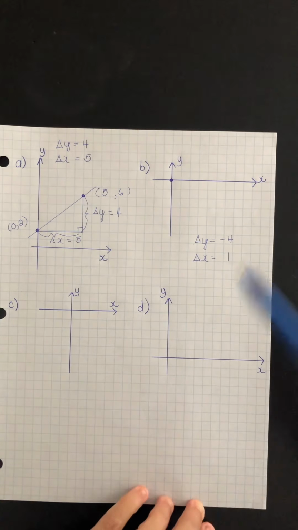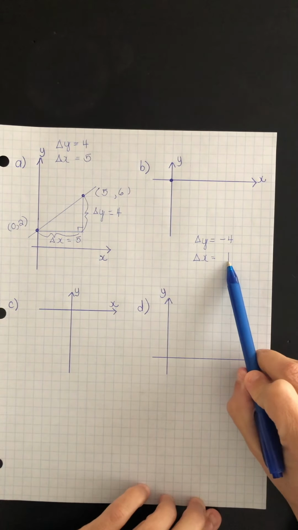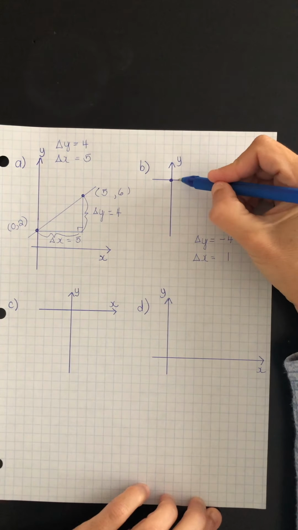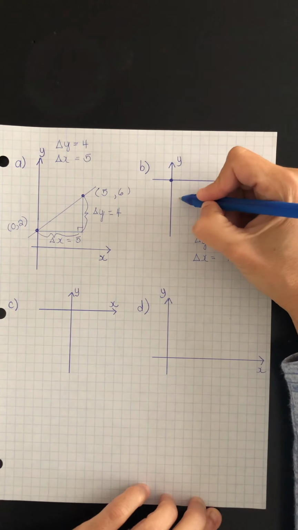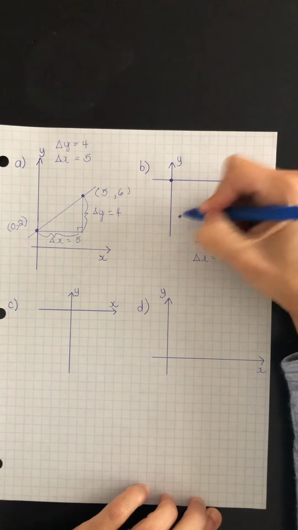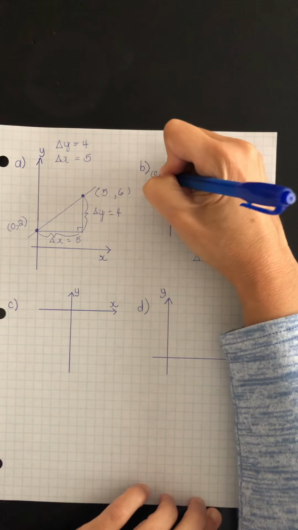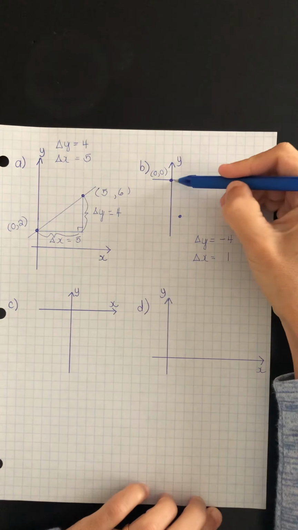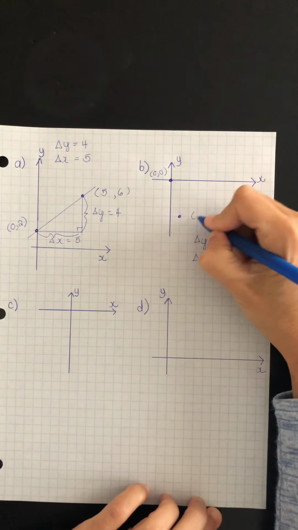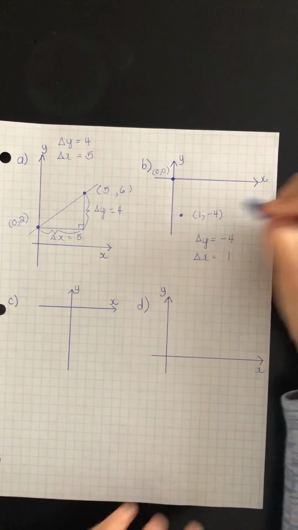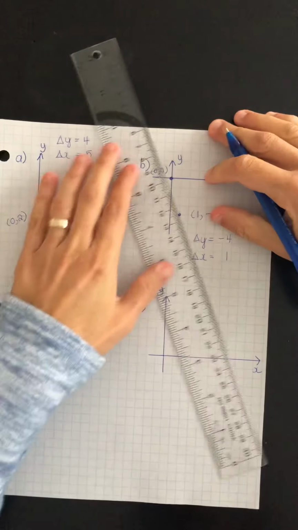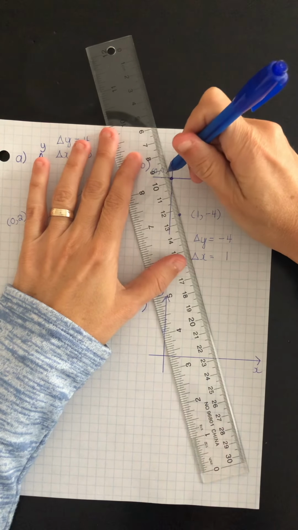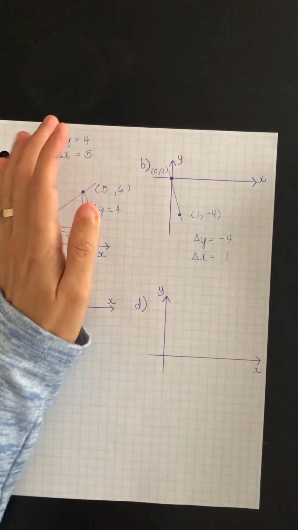So what does this mean? 1 to the right, 4 down. So from this point, 1 to the right, and then 1, 2, 3, 4 down, right there. So this point is (0, 0). This one here is (1, -4). Like that. And now we have 2 points on the line as required, and we can connect them like this.